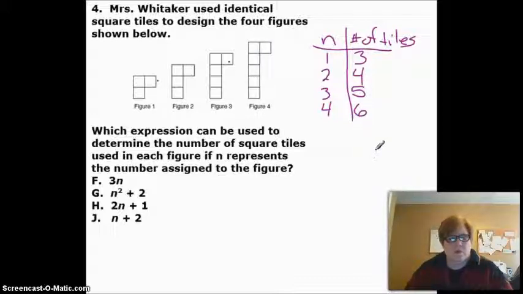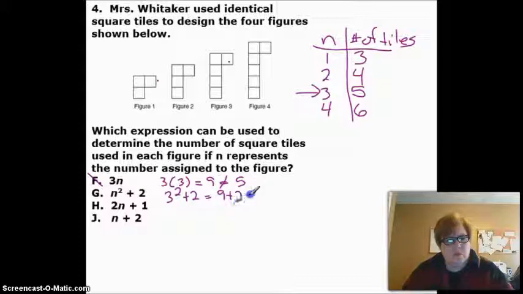Okay, so let's just try again. Like I said, I'm kind of a sucker for the third one, so we'll use n as 3. So for F, 3 times 3 would give us 9, which is not our 5. So it's not F. Okay, n squared, so 3 squared plus 2 would be 9 plus 2, which is 11, but it's not our 5.